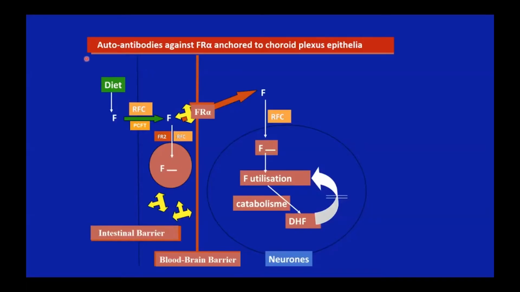The autoantibodies against the folate receptor alpha anchored to choroid plexus epithelial cells will bind and block the binding of folate to the receptor, or can also bind and attract complement and cause an inflammatory response.